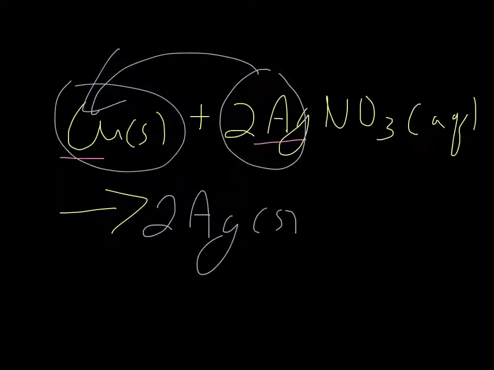Now see, in this ionic compound, the silver in silver nitrate is 1+, but it leaves its electrons behind, or it trades them with the copper. Whereas the copper here had no charge originally, now it's copper 2+ because it's ionically bonding with the nitrate.